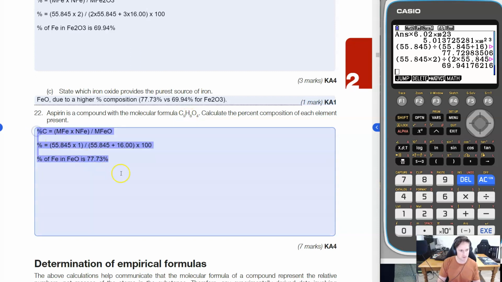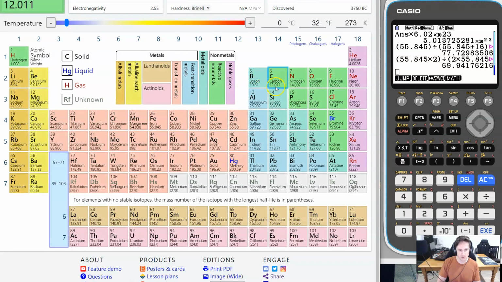I'll do carbon first. So it's going to be carbon and the number of atoms of carbon divided by the molar mass of the whole compound, which is C9H8O4.